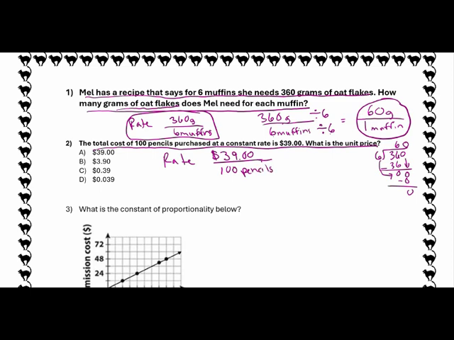To figure out how much the unit price is, that's how much it is for one pencil, I'm going to divide by that denominator on top and bottom. And when I do 39 divided by 100, you can do long division or use a calculator. I get 0.39, so 0.39 over 1. And that is the same thing as C.